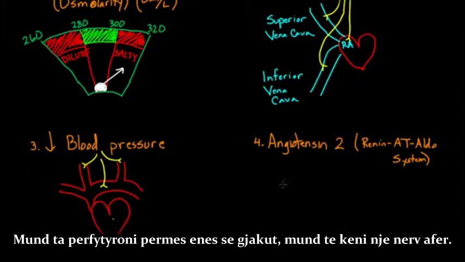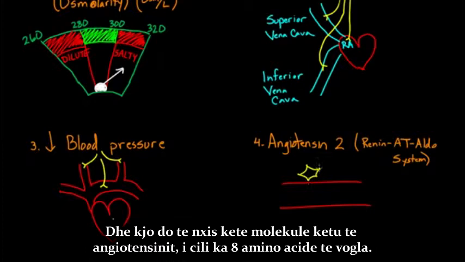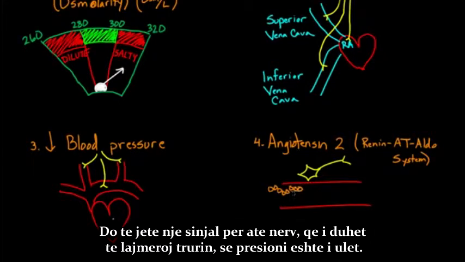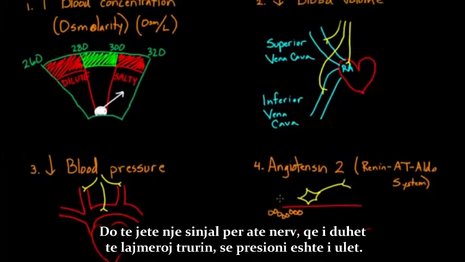So you can imagine that near a blood vessel you might have a nerve, and this molecule of angiotensin, which has 8 little amino acids, is going to be a signal to that nerve that it needs to let the brain know that pressures are low.